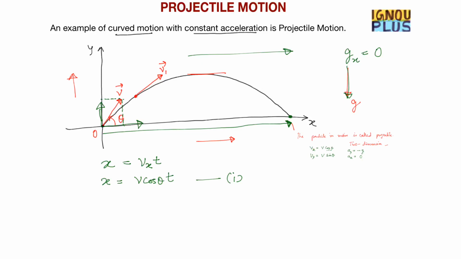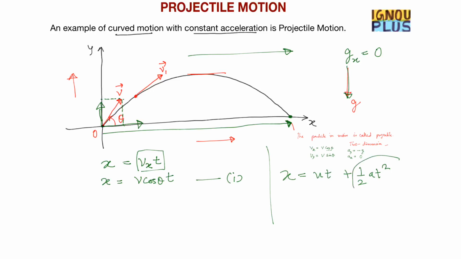Then we have all about the height, the y component, the distance traveled in the y component. For that, see why I have used only Vxt: because the second equation of motion is x is equal to ut plus half at square.